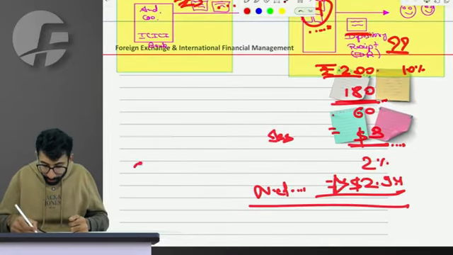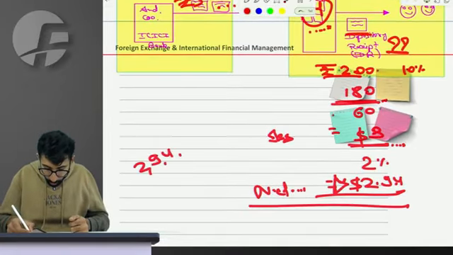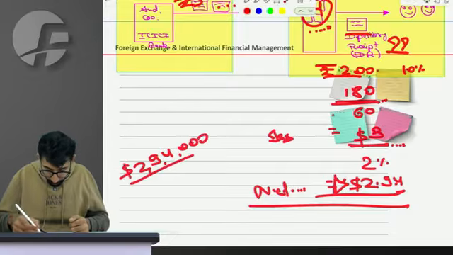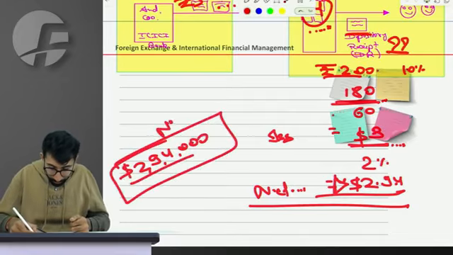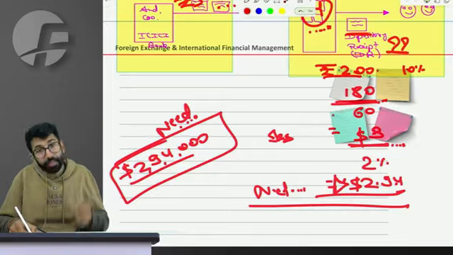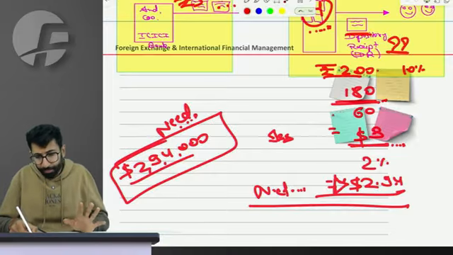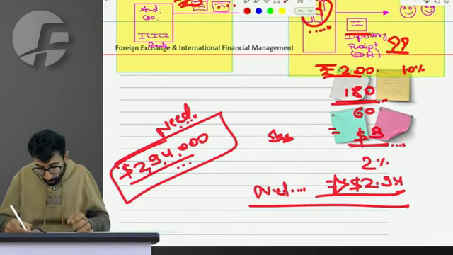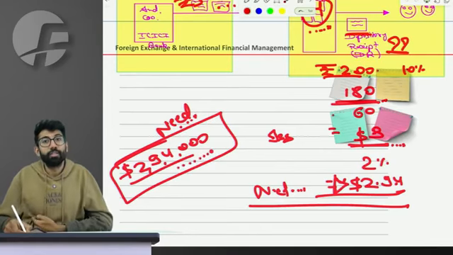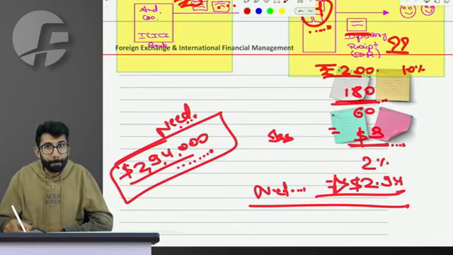Last common sense will be, if I want to raise a total amount, the amount that I need to start a project in the US, for example, suppose it is $294,000.